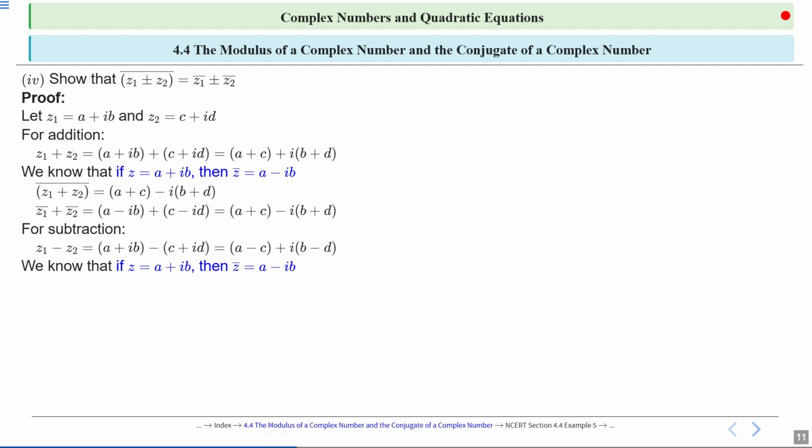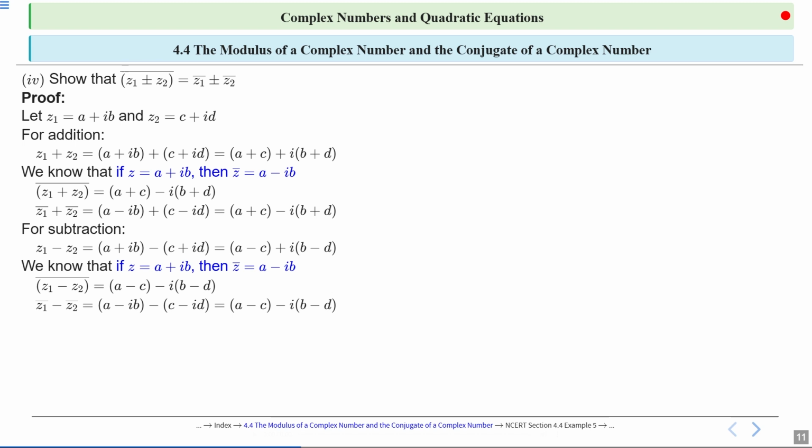Again, we know that if z equals a plus iota times b, then z conjugate equals a minus iota times b. Taking the conjugate of z1 minus z2, we get (a minus c) minus iota times (b minus d).